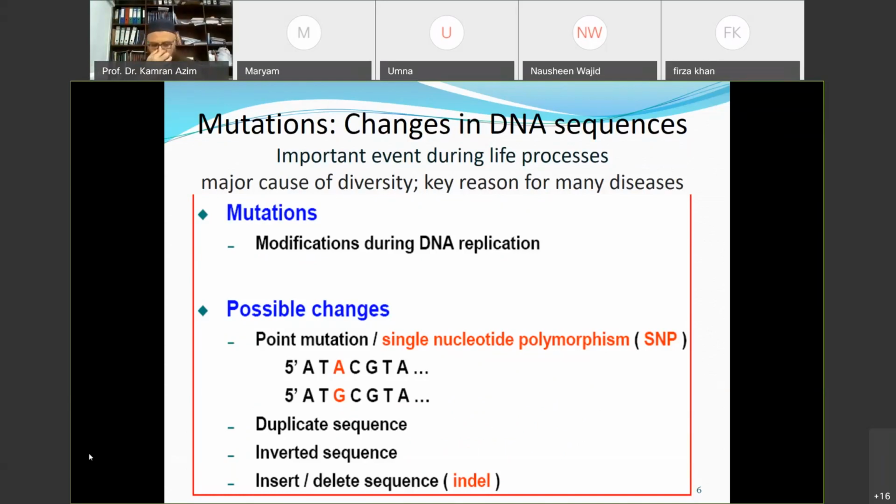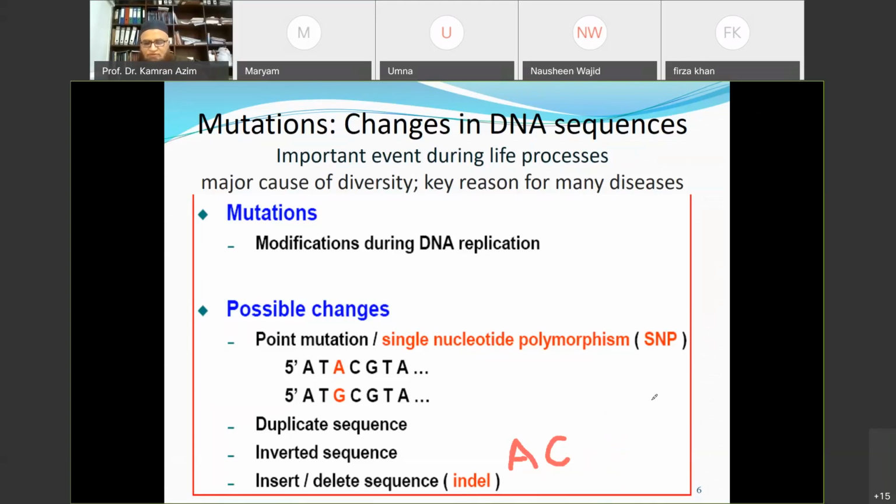Say, for example, if you have a sequence A, C, T. After insertion of a G, we can have A, C, G, and T. It means that the G nucleotide is inserted between C and T. So this is an insertion.